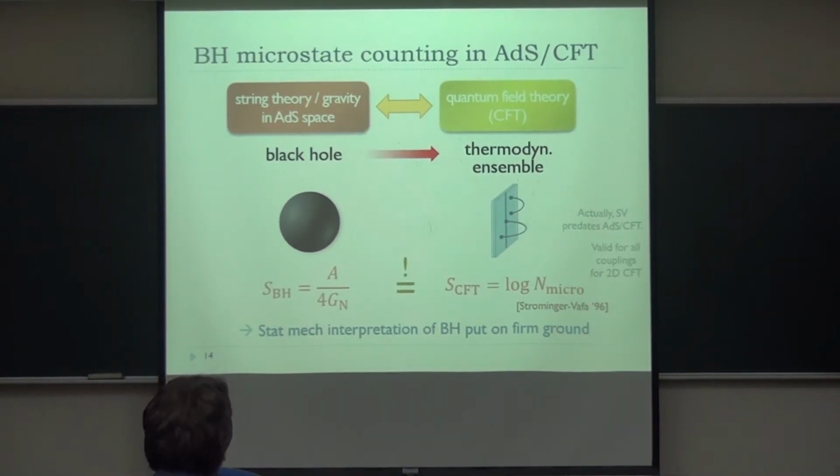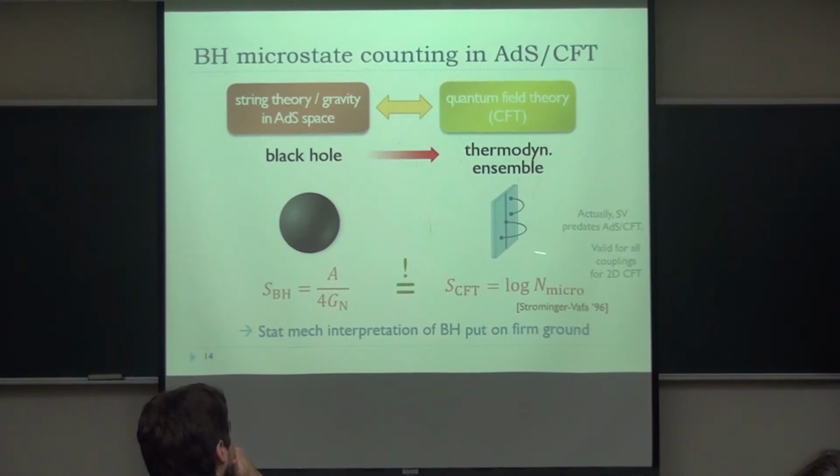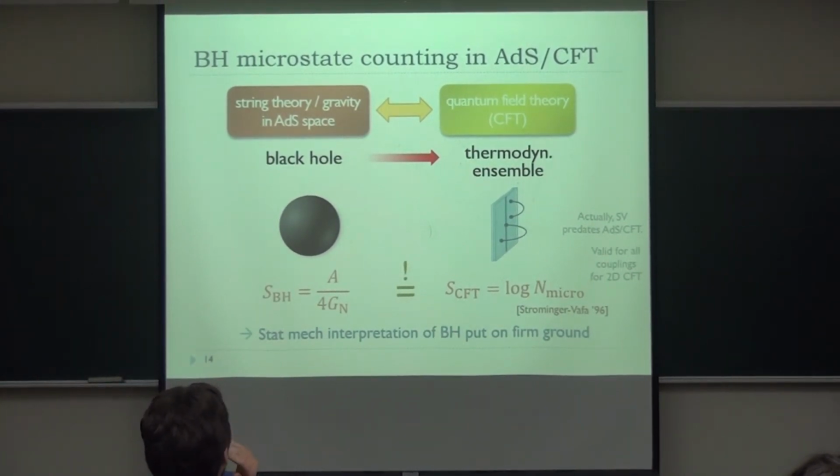And some fine print: actually Strominger and Vafa predates AdS/CFT, so they did not really use AdS/CFT in a strict sense, but this is a modern interpretation of the work. And also, you may think that for this argument to hold, you have to use supersymmetry, and the supersymmetry prediction that the states on the weakly coupled side are never lifted, even if you go to the strongly coupled gravity regime.